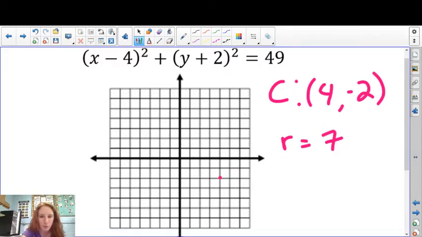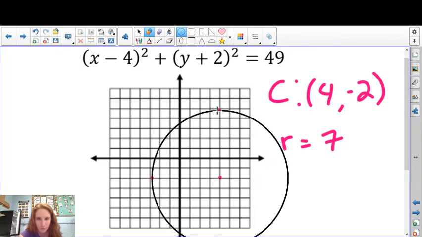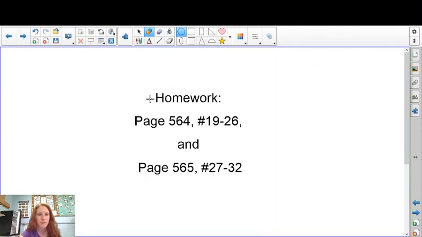Ooh, I need to go up. 7. I'm going to do it based off the 2. Again, you really just need 1 dot, but I like to do at least 2 so I don't forget where I'm going. And there's my circle. There's your homework.